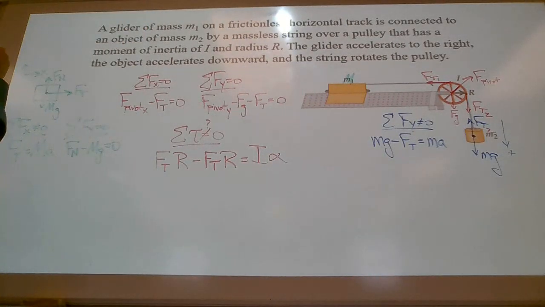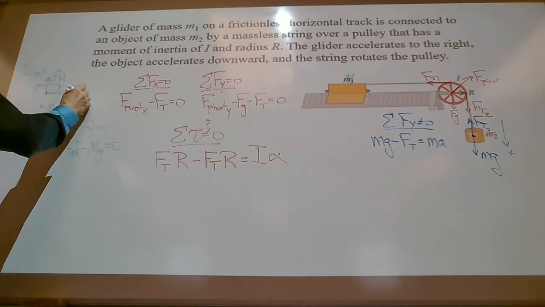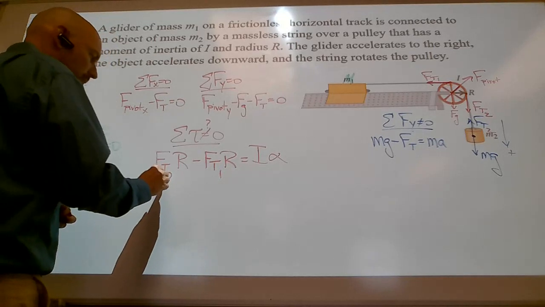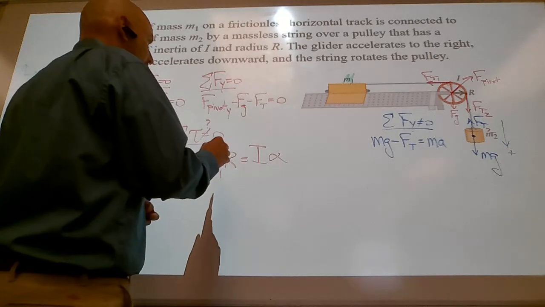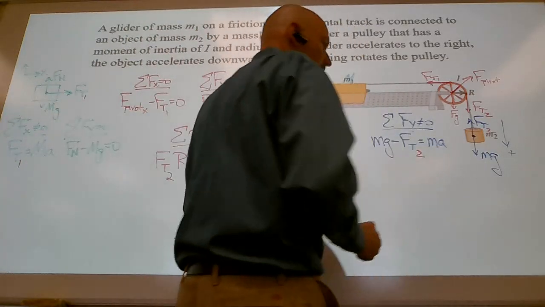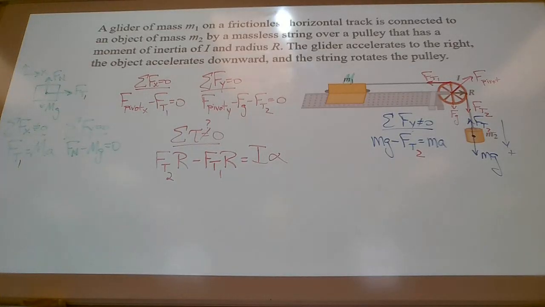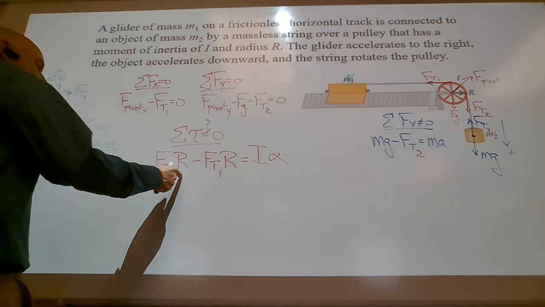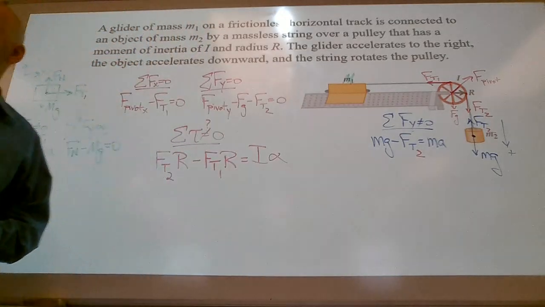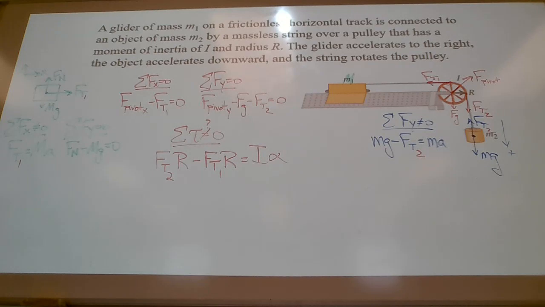So this is FT1, FT2. Because of the difference, you've got to get something to make that pulley spin. This torque has to be greater than that torque to make it experience rotational acceleration. Okay? So now that's our setup.